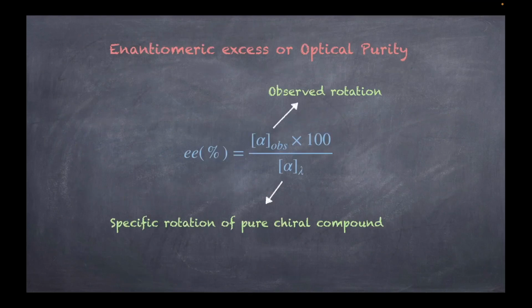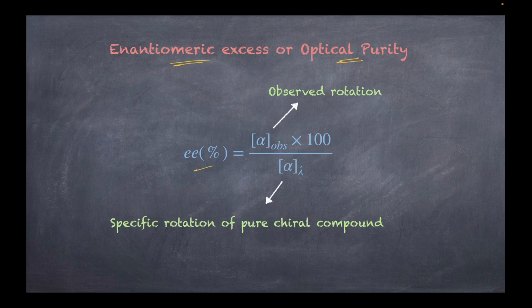Now the enantiomeric excess, or optical purity. We want to know how optically pure our given sample is. That means what is the percentage of a particular enantiomer present over the other enantiomer. So we call it the enantiomeric excess or optical purity.